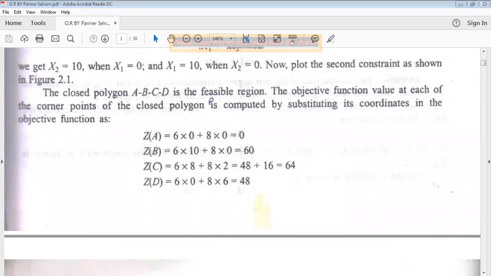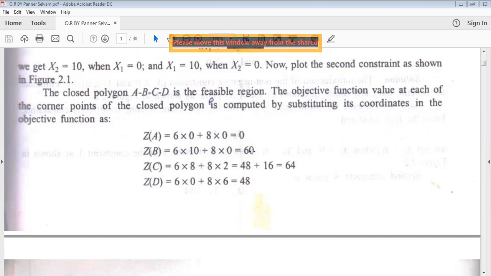Next, the second point is 10, 0, so 6x1 + 8x2 again comes to 60. Similarly, at point 8, 2, 6x1 + 8x2 is automatically 64.